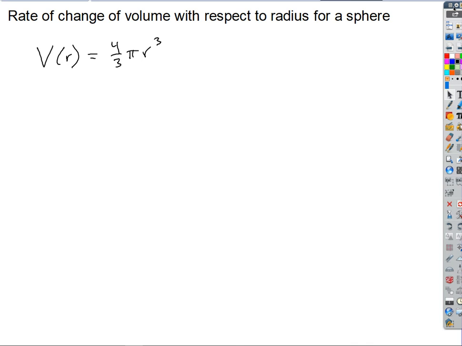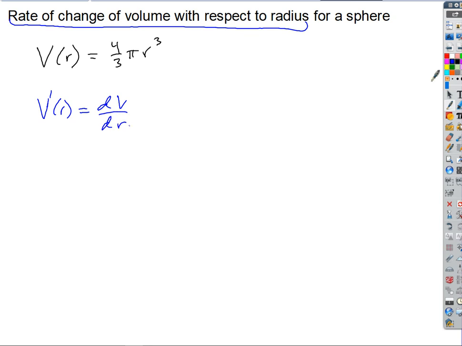The derivative of V of R. Okay, but what do I write up here? V prime of R. So all this stuff up here, the rate of change of volume with respect to radius, that's the same thing as V prime of R.